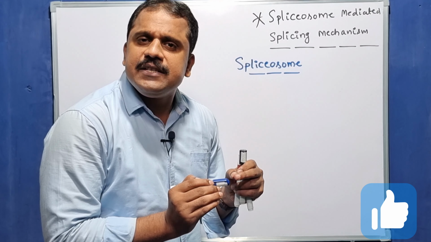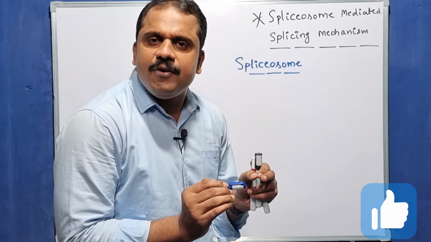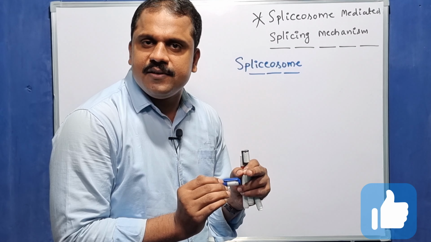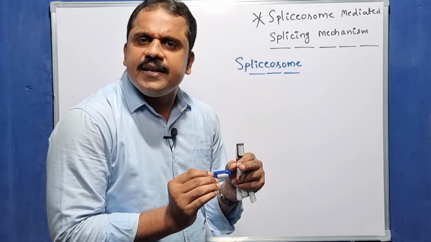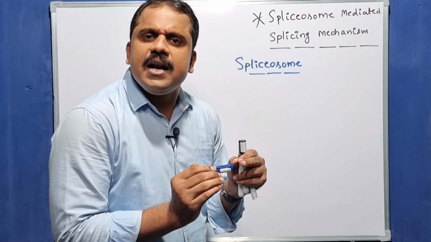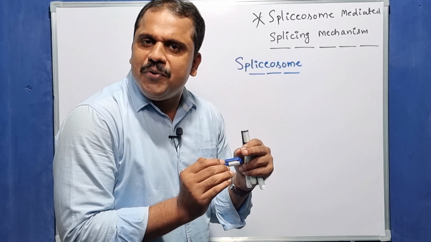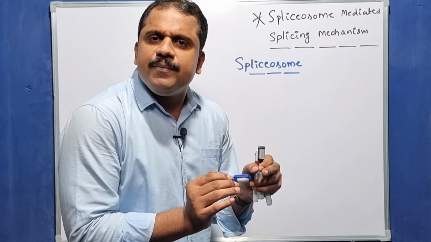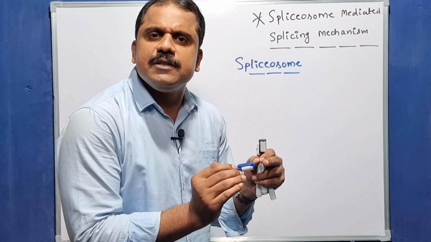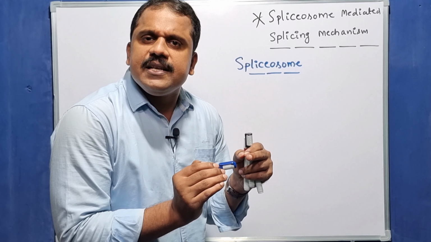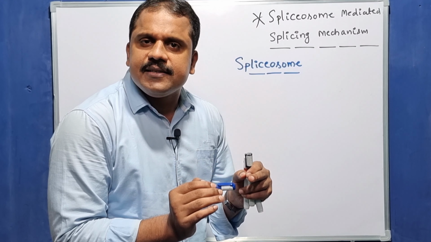The various factors include small nuclear ribonucleoproteins, or they are simply termed as snRNPs. In addition to the small nuclear ribonucleoproteins, the other accessory factors which are a part of the spliceosome include U2AF factor, branch binding protein and SR proteins. So all these are part of the specific spliceosome complex. By taking advantage of all these factors, the spliceosome mediated splicing mechanism is successfully organized.